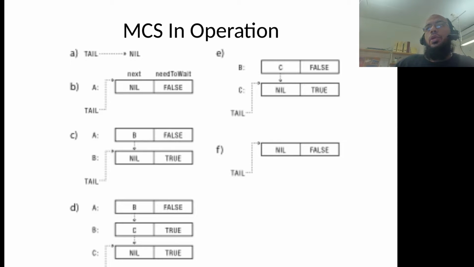Then thread B joins, and since thread A is still running, it has to wait, so its need to wait is true, and it changes the next value in A to be B. Then C joins, and it has to wait for B now, and so on. And you might even have a very long list of threads, and this is mostly used inside the kernel.